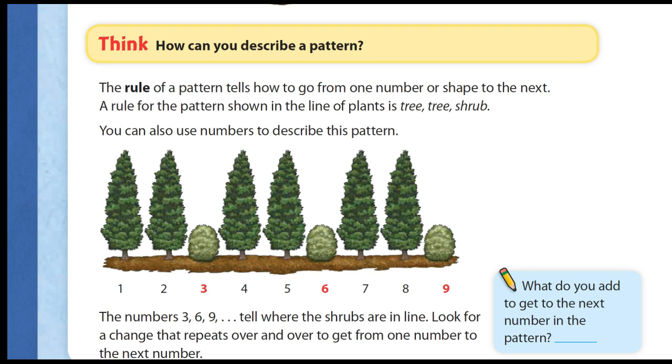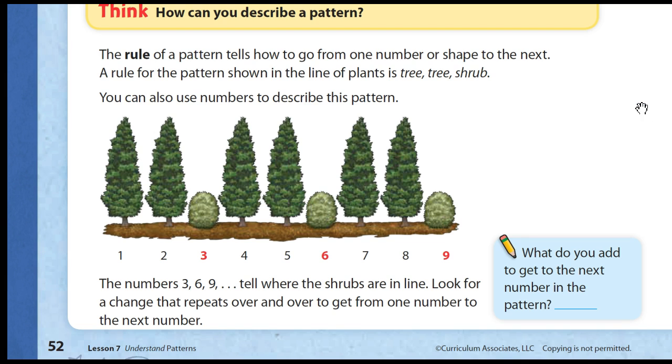The numbers 3, 6, 9 tell where the shrubs are in the line. So 3, 6, and 9, they tell you where the shrubs are. Look for a change that repeats over and over to get from one number to the next.